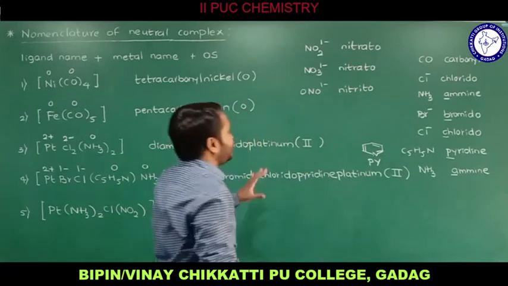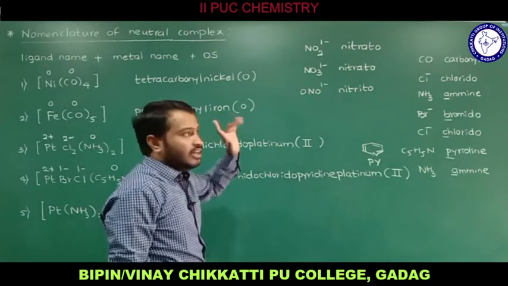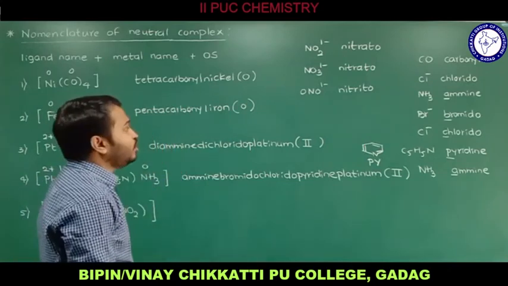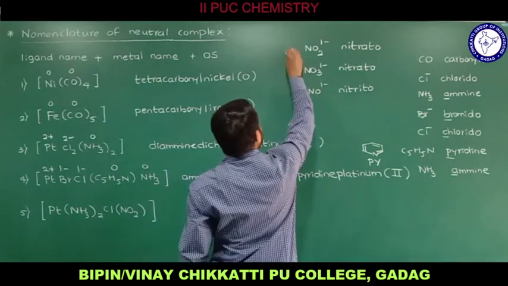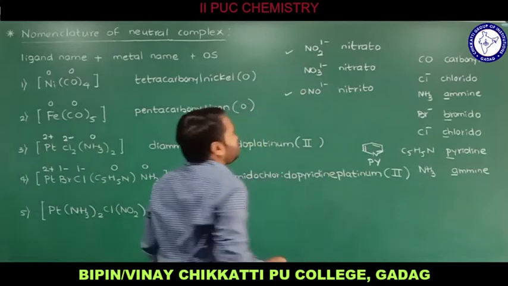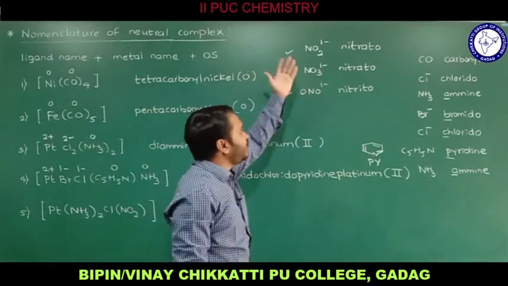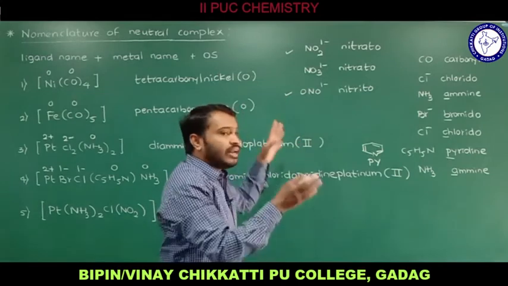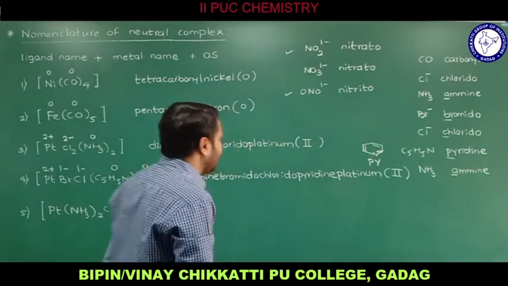Don't get confused, therefore I am going to write all that. So nitro, nitrato, nitrito. NO2 1 minus we have, but these two are not exactly the same. What the difference is I am going to explain here.